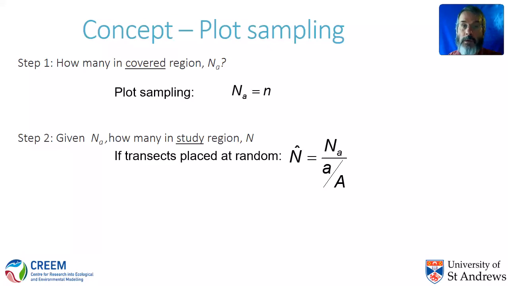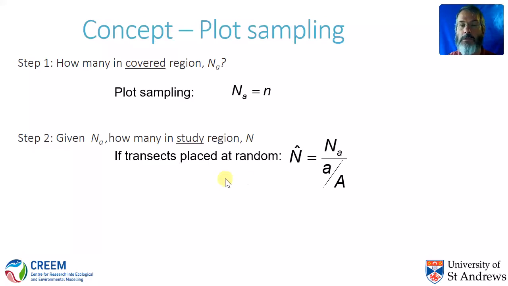In other words, those green strips are placed at random. They could have landed anywhere. So if those transects are placed at random, that gives us some reason to believe that the density inside those green regions is representative of the density outside those green regions.